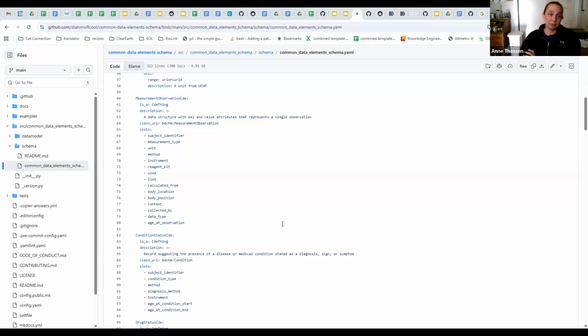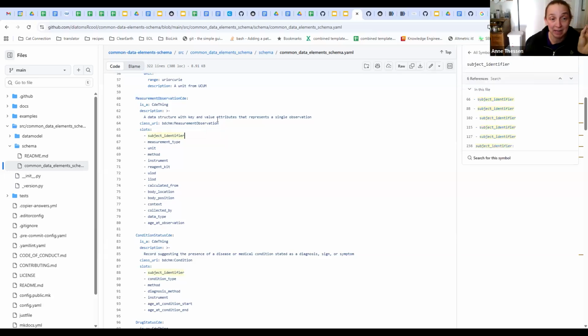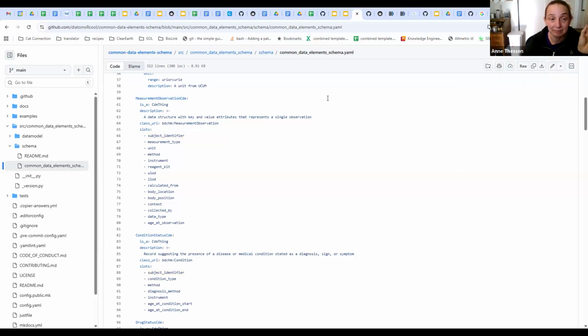And so what I tried to do here with what I'm showing you is say, okay, there are types of things, clinical measurements, that we're going to call a measurement observation. And it's basically just a data structure with a key and value attribute representing a single observation.